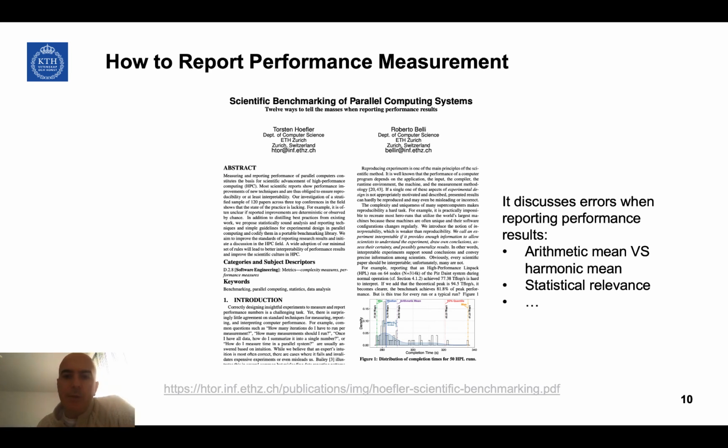In particular, it looks at using the arithmetic mean instead of the harmonic mean and vice versa, it discusses the problem of statistical relevance, that is how many measurements we need to take, and many other problems. So this is very nice reading, and we encourage you to go through this paper.